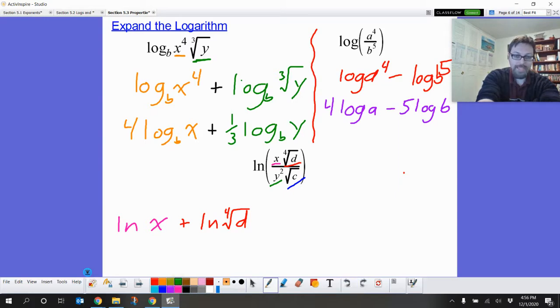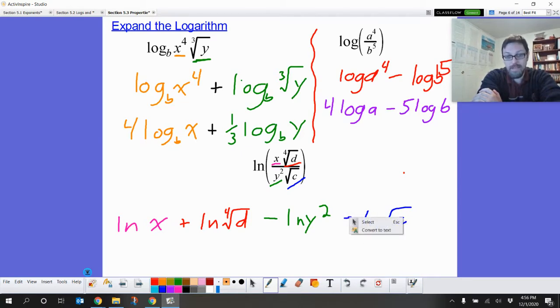When we get that y squared, it also gets an ln, like everybody else, but y squared was in the denominator. It was being a bit of a negative Nelly. So we're going to give it a negative in front of there. Square root of c was also in the denominator. So it's a negative Nathan, so we're going to give that a negative as well.